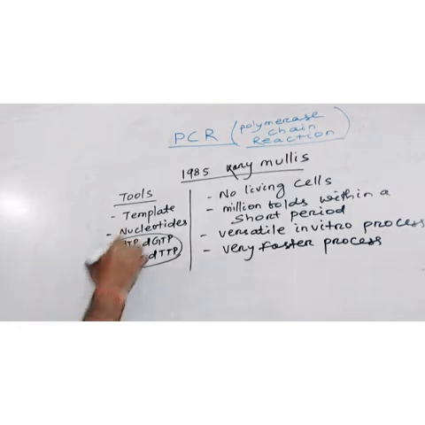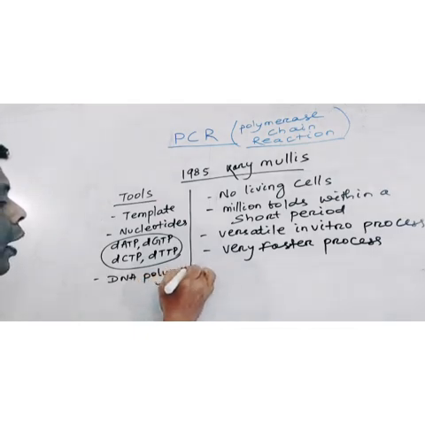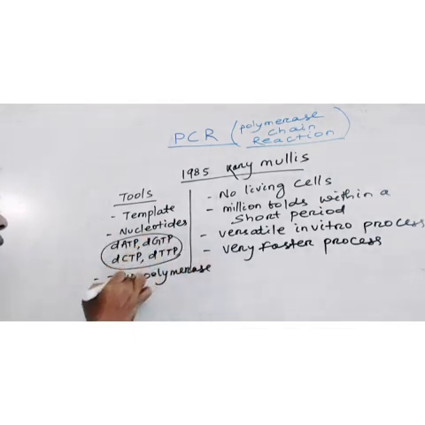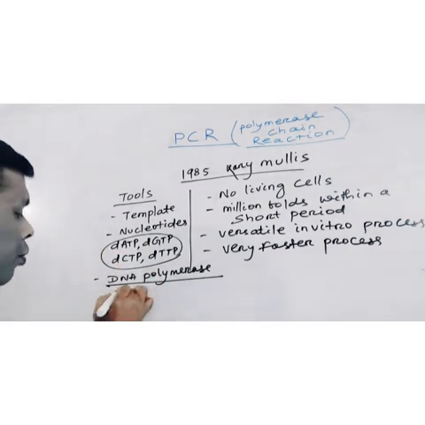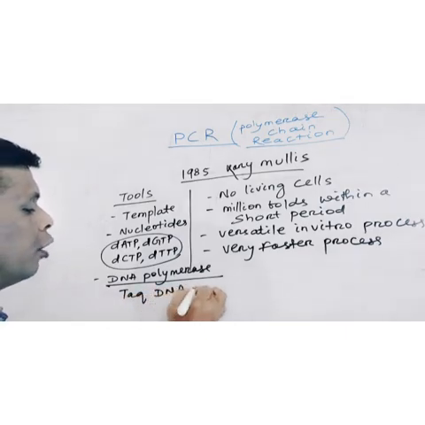Then we need the polymerase enzyme to elongate the strand, and in recent times, to prevent repeated adding of this polymerase enzyme, we have implemented Taq DNA polymerase.